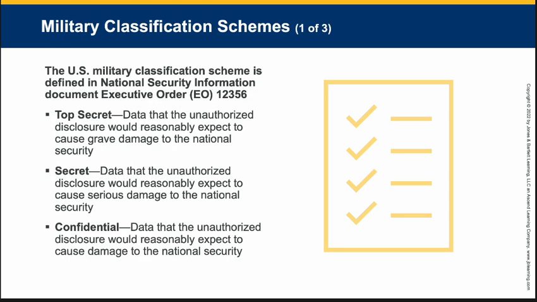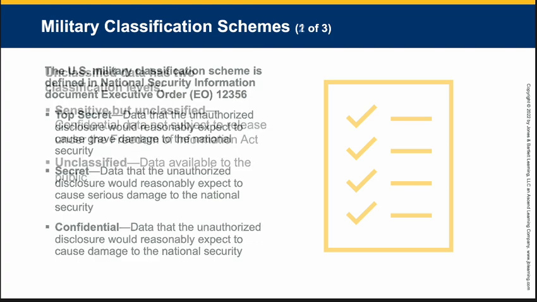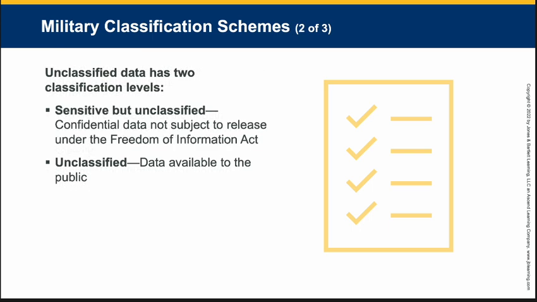We have top secret, secret and confidential. In this case, the data could cause grave damage, serious damage, or expected damage. Other than that, we also have unclassified data, sensitive unclassified according to the Freedom Act, and also data available to the public, which is unclassified.